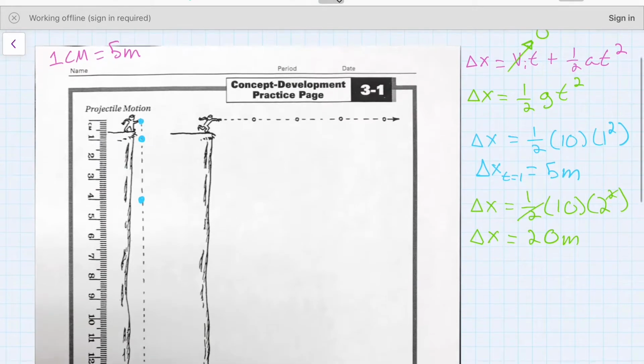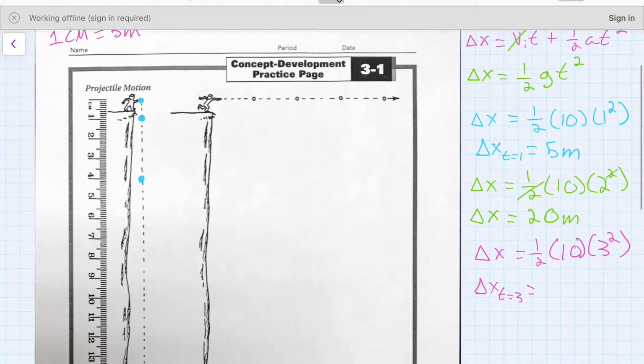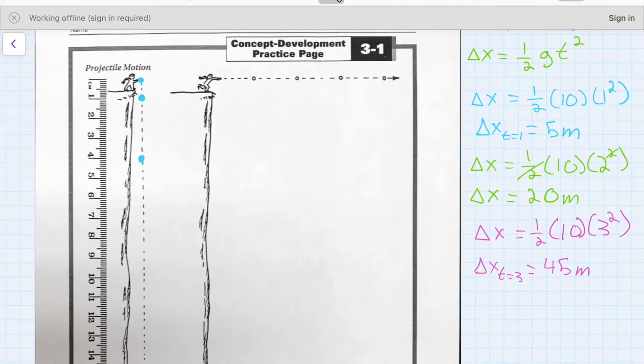And we can keep going. The displacement is equal to 1/2 times 10 times 3 squared. So t equals 3 would be 9 times 10, which would be 90, and 1/2 of 90 is 45 meters. 45 divided by 5 is actually going to be 9. So we can see that the displacement of the ball is now increasing, and that's due to gravity.